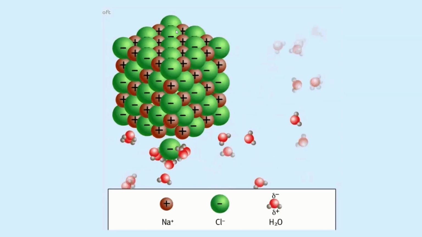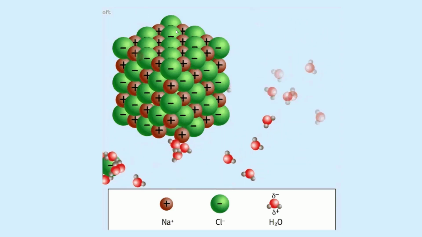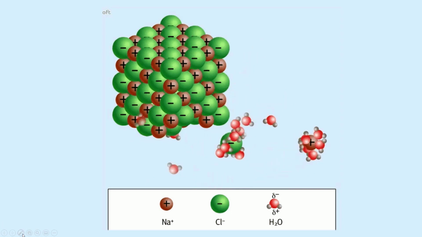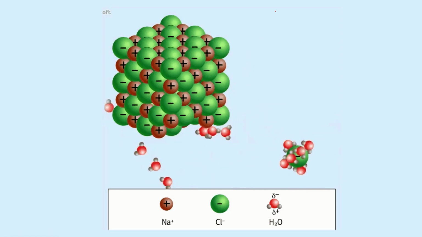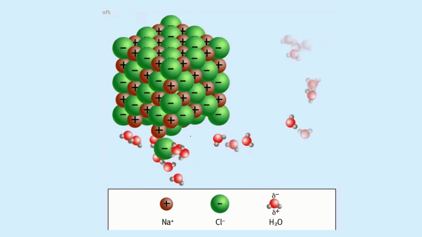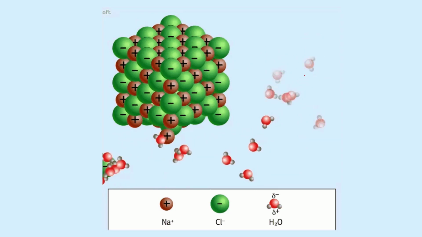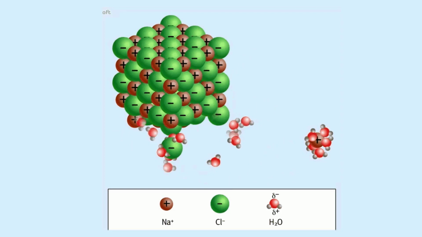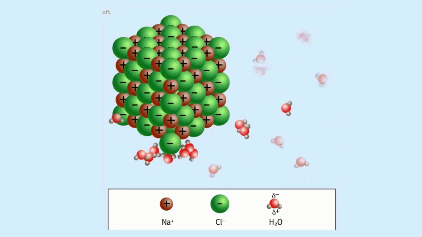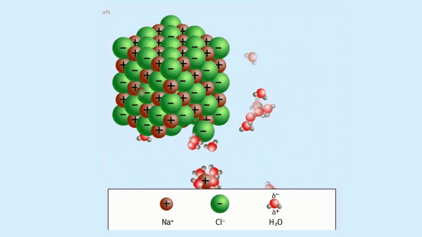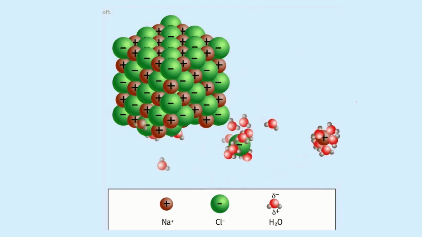Here we are looking at a solid crystal lattice with little water molecules bopping around, and it looks like they are attacking the lattice. We are going to go into depth on this process of solvation later on in the ionic bonding chapter and in solutions, but for now you just have to know why things dissolve. Water comes in, attacks that solid lattice, and pulls the individual particles into solution. In this case, this is a salt, and the ions are getting hydrated.